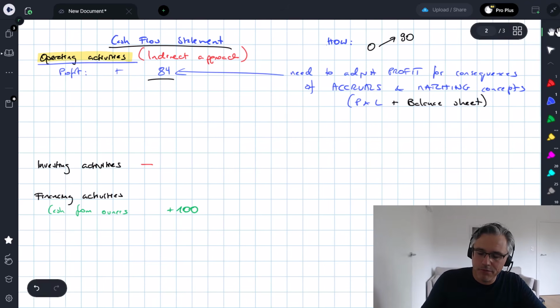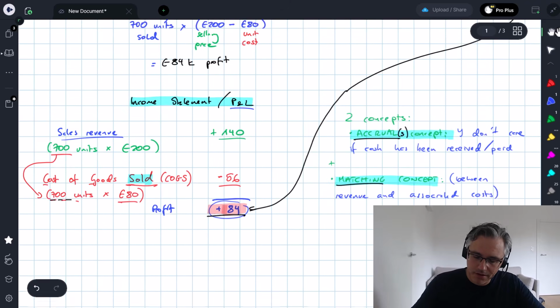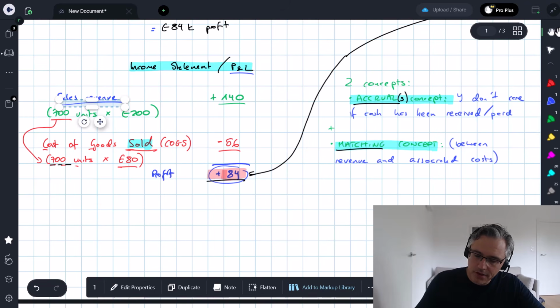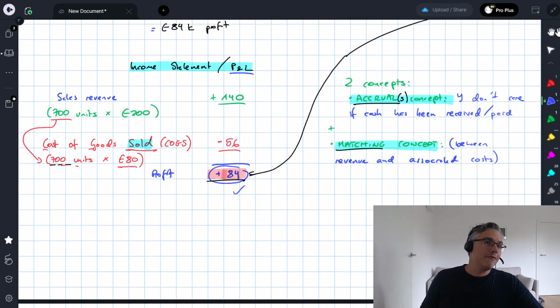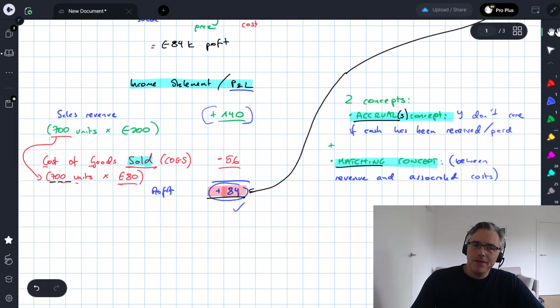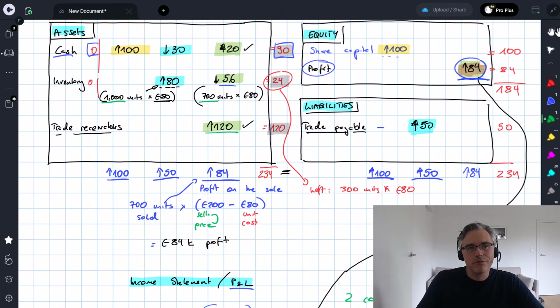Well, I start at the profit and I inspect what's wrong with that profit from a cash perspective. First of all, the profit computation, which I had up here, which culminated in 84,000 of profit, begins by showing me sales revenue of 140. But I know clients didn't actually pay me that much, because I can see the amount that I'm still waiting for as part of trade receivables.